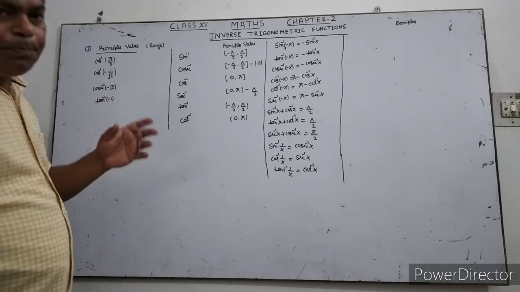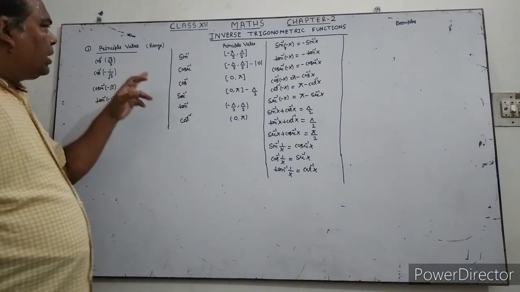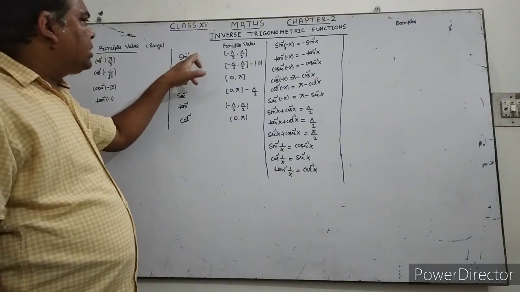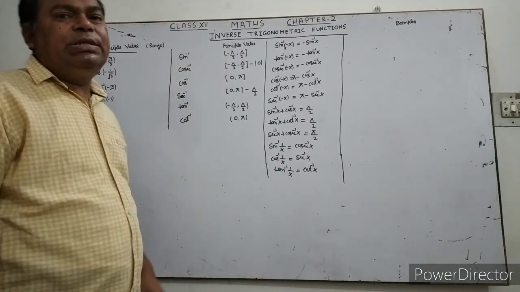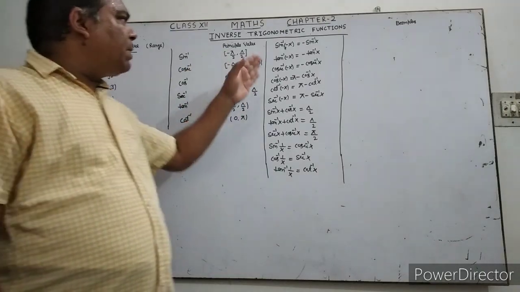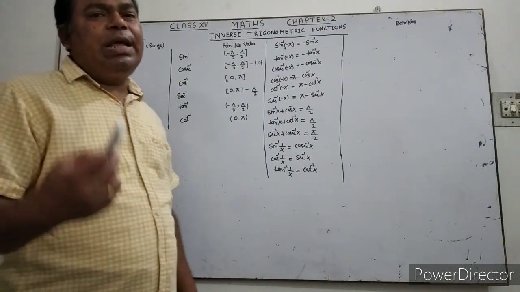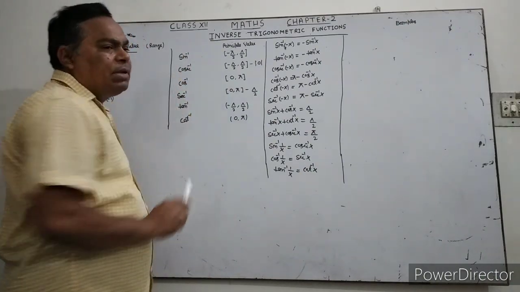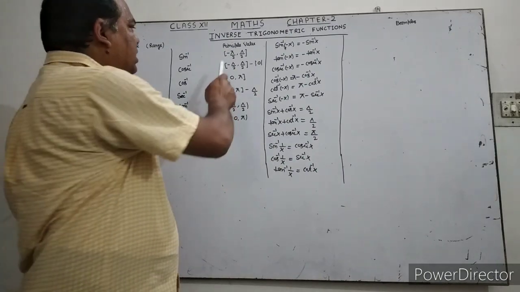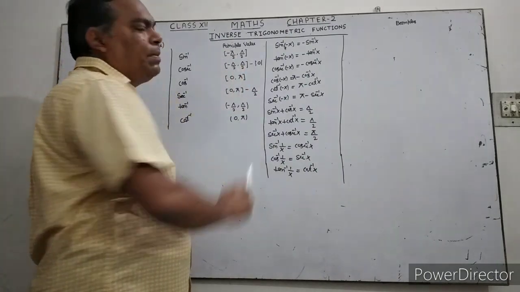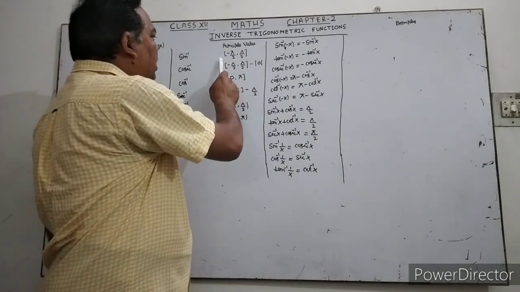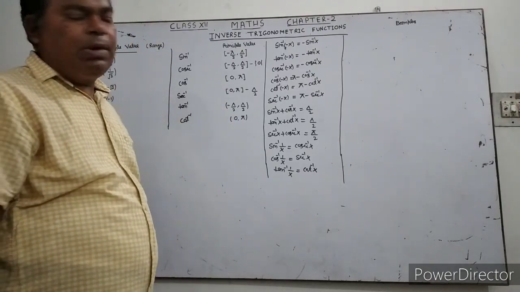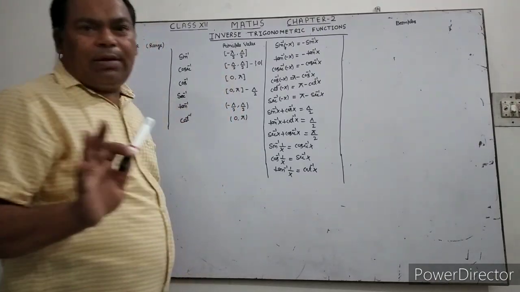Here we discuss range. Principal value means range. What is the principal value? Principal value means range of the function. Then the range of the sine inverse function is -π/2 to π/2. Is this an open interval or a closed interval? This is the closed interval.